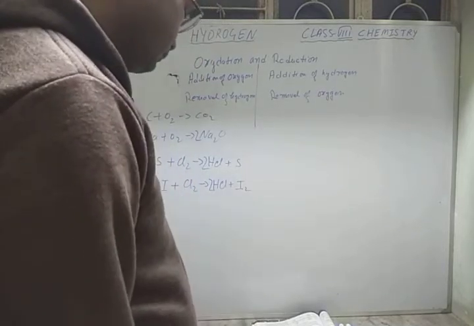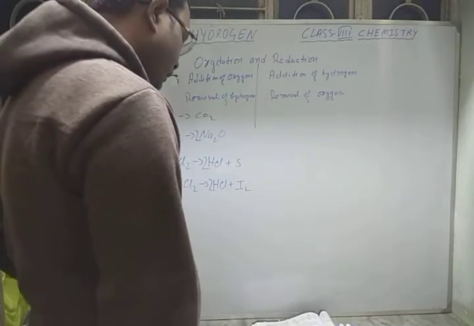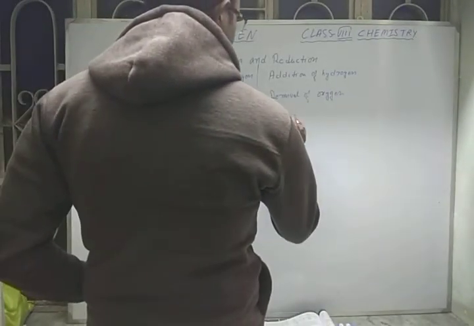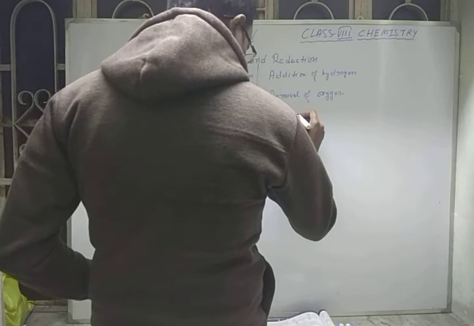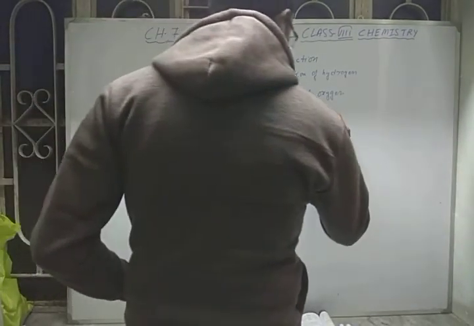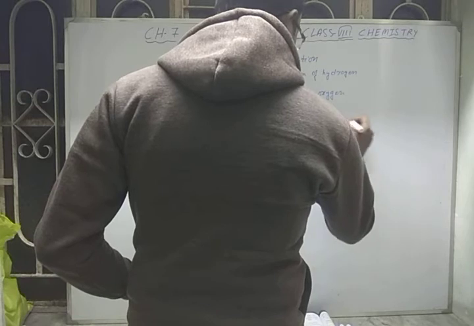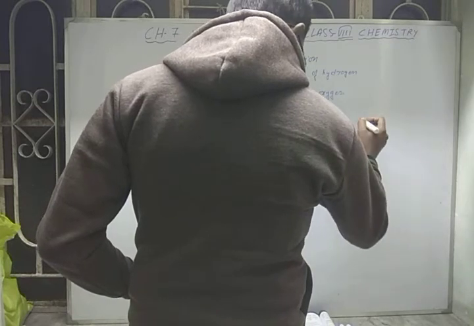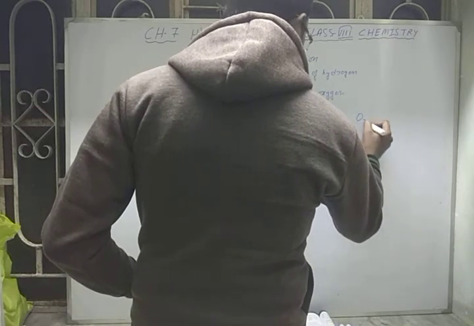Now first of all we will see a few examples. HgO, when it is reduced, forms mercury and oxygen.